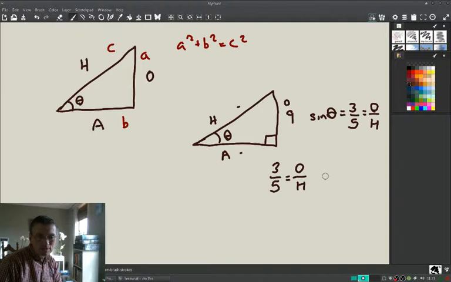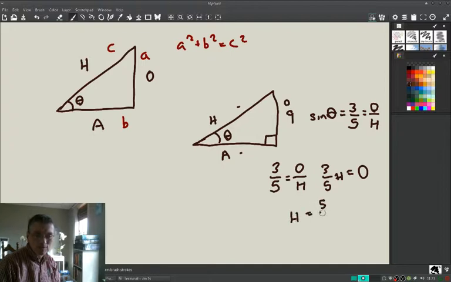Let's see, we can say multiply both sides by h. We'll get 3/5 h equals the opposite side, or h, multiplying each side by 5/3, equals 5/3 the opposite side. This is O, not 0. And now we just substitute what we know the opposite side is.